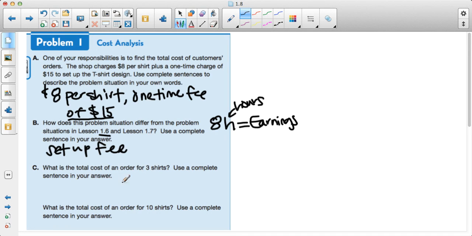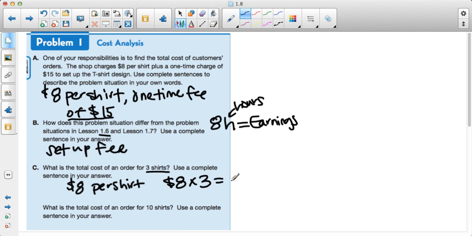Looking at this, it says, what's the total cost for 3 shirts? Pause me and answer that question, then hit play and get the answer. If I say there are $8 per shirt, and I know that there are 3 shirts, it's going to be $8 times 3.